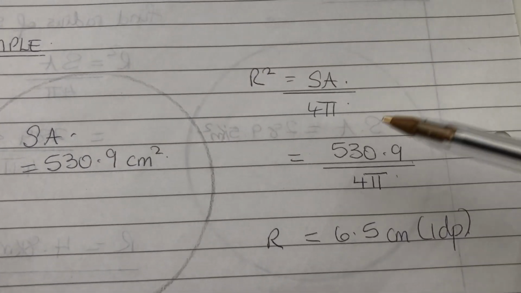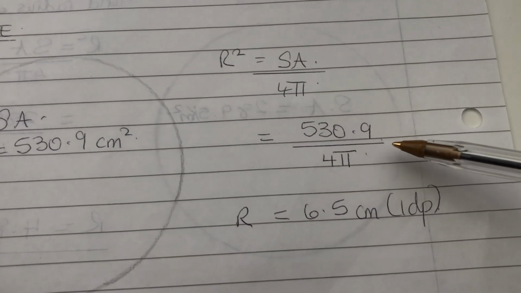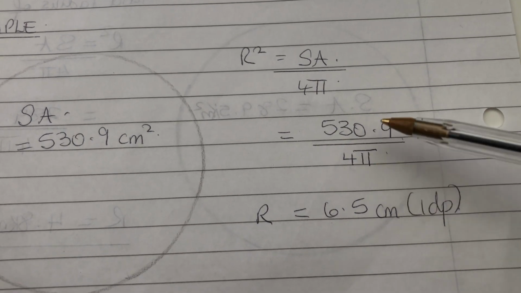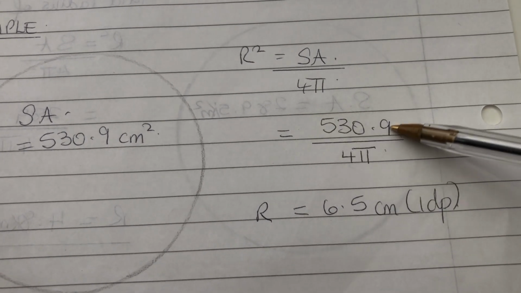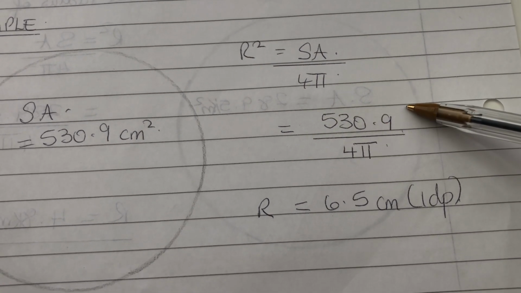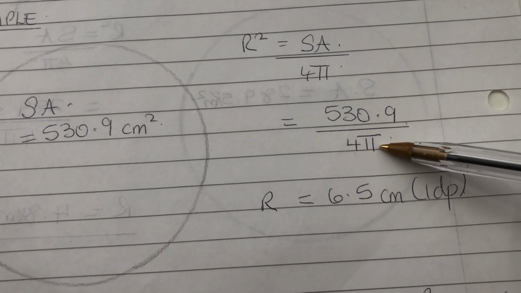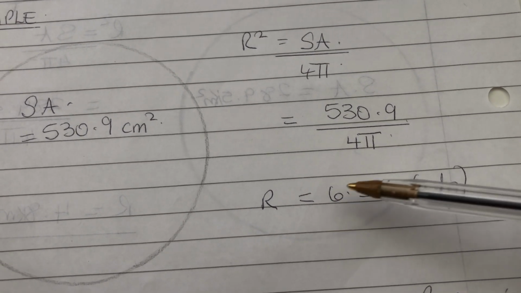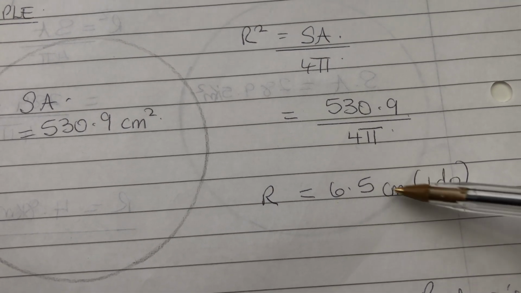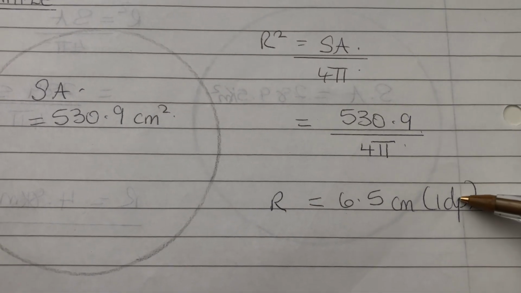So 530.9 divided by 4 pi. So again, on your calculator, 530.9 divide by 4 and then divide by pi. Square root it, you get 6.5 centimeters. So you choose the positive because it is length.